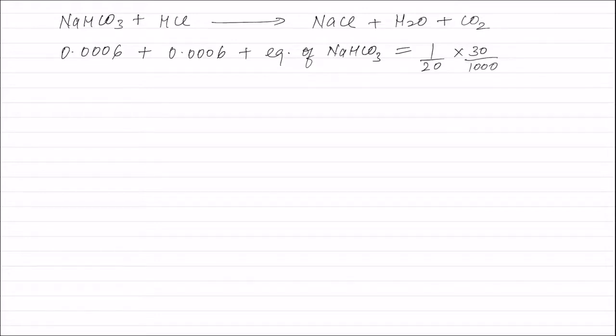Now solving this equation, equivalents of NaHCO3 present originally in the mixture is equal to equivalents of HCl used up in the reaction, that is 0.0015 equivalents, minus 0.0012.